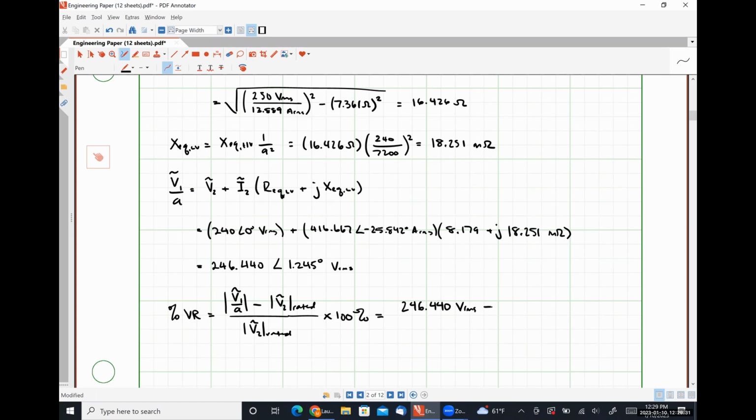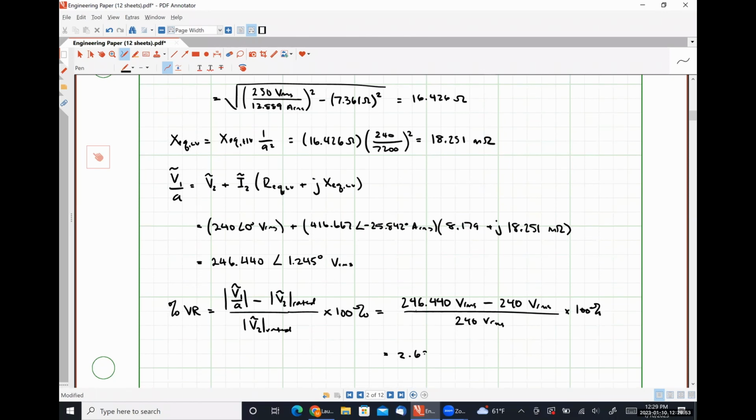What's the magnitude of V2 at rated load? 240. And so that comes out to be 2.683% voltage regulation. If our load were operating at a leading power factor, we would expect to see a negative voltage regulation percent.